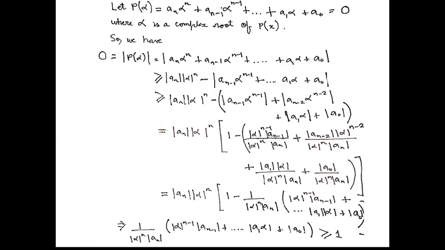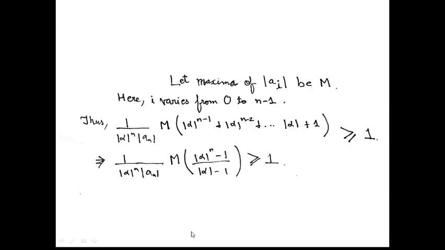We have 1 by alpha^n a_n, and we replace a_(n-1) by m, a_(n-2) by m, a_1 by m, a_0 by m, and because all these are either equal to or less than m, we get this inequality. Then this is a GP with all positive terms, so this gets converted into this.